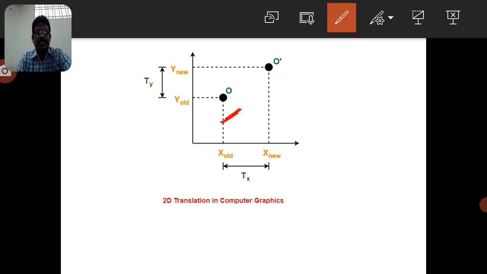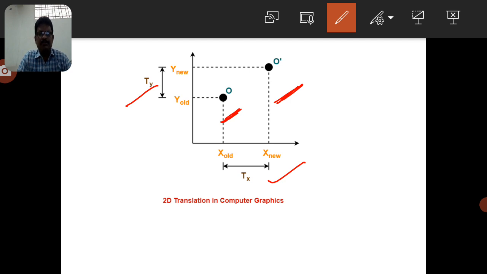This is the calculated new coordinates of x and y towards the translation position. Here you can observe this is tx. Tx is the distance between x world and x new, that means the object is moved from the x world position to the x new position, and this is calculated as tx. Similarly, ty is the translation of the object from the y world position to the y new position.